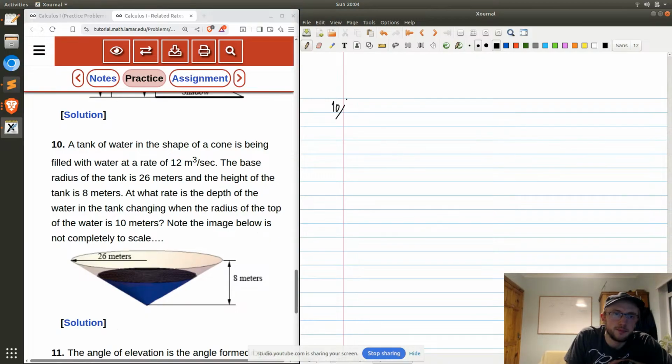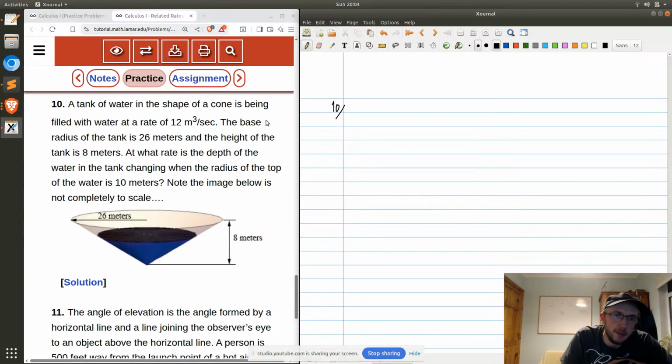10. A tank of water in the shape of a cone is being filled with water at a rate of 12 meters cubed per second. The base radius of the tank is 26 meters and the height of the tank is 8 meters. At what rate is the depth of the water in the tank changing when the radius of the top of the water is 10 meters?